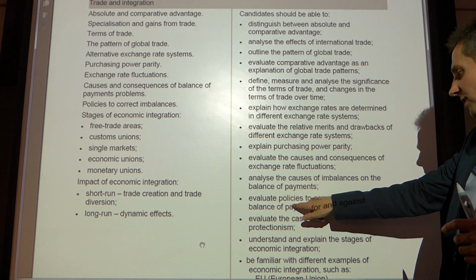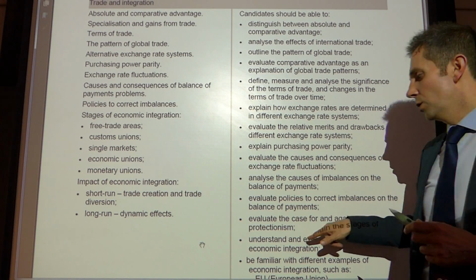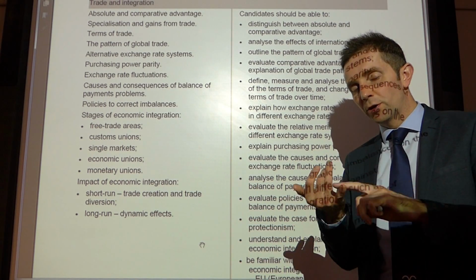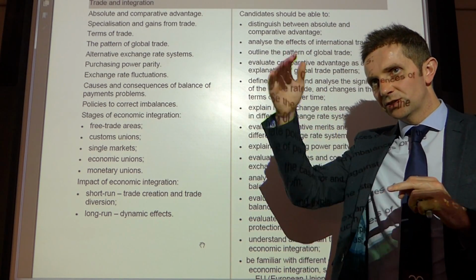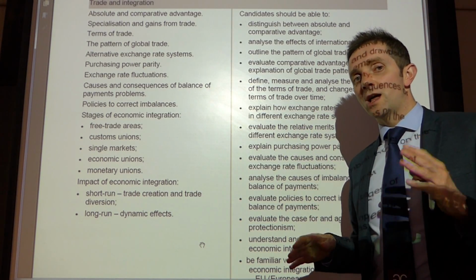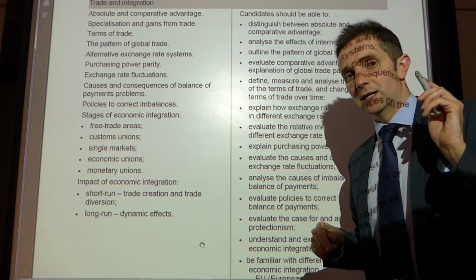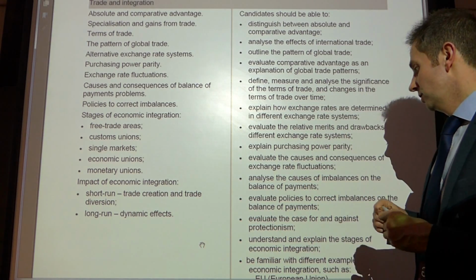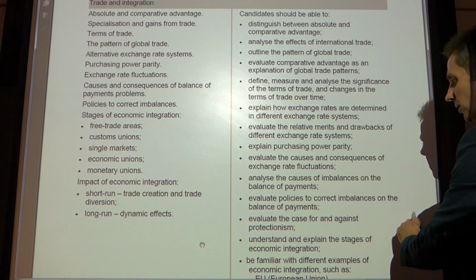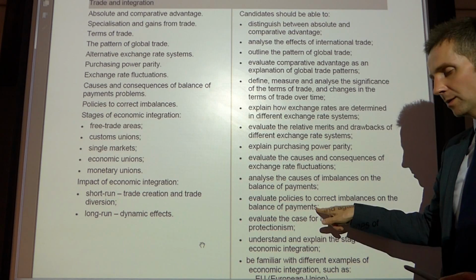Evaluate policies to correct imbalances on the balance of payments. So on our extract material we have information about the current account deficit and surplus in respect to both countries, and we've also got information about the effective exchange rate index. So to my mind you're going to get a question which is based around this bullet point: the policies to correct imbalances on the balance of payments.